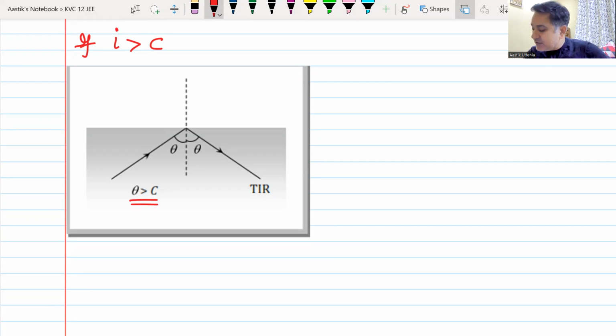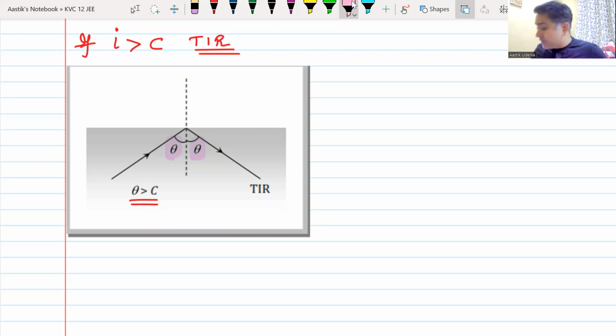This reflection is known as TIR, total internal reflection, and then we follow the laws of reflection. The angle of incidence becomes equal to the angle of reflection. Do we understand this? That is the phenomenon of TIR.